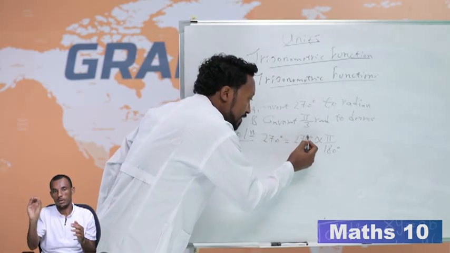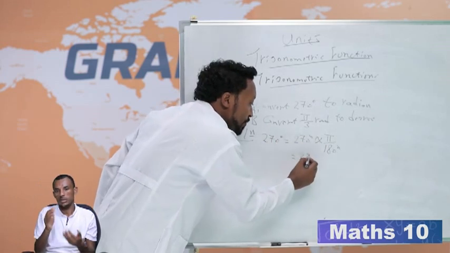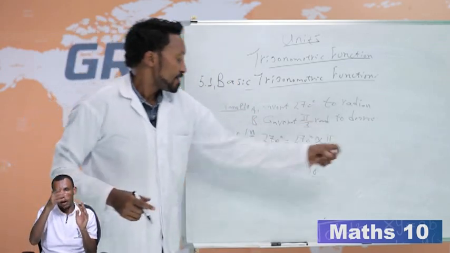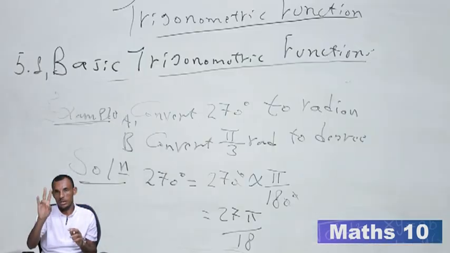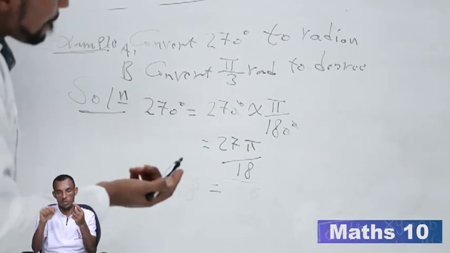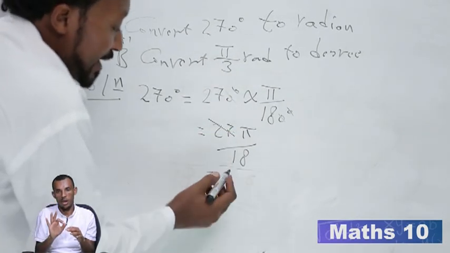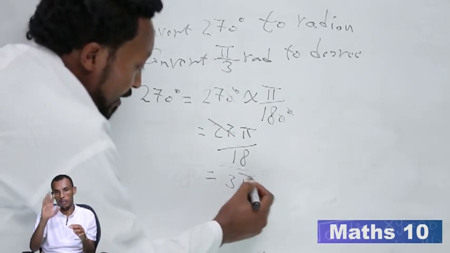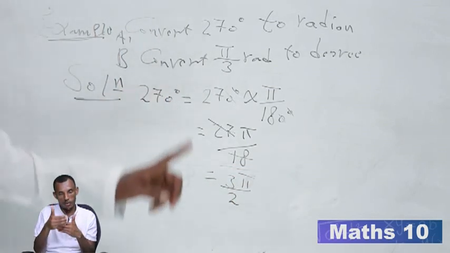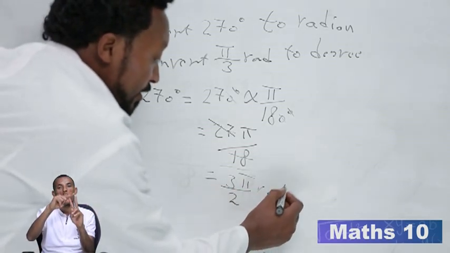Degree is cancelled and 0 is cancelled. What is the simplified form? 27 pi over 18. In lowest term, divide by 9: 3 pi over 2. Therefore 270 degree means 3 over 2 pi rad.